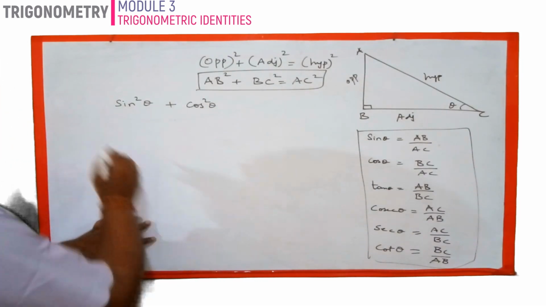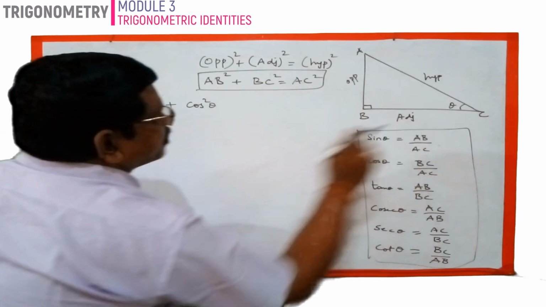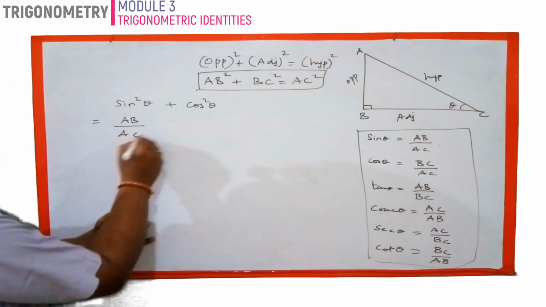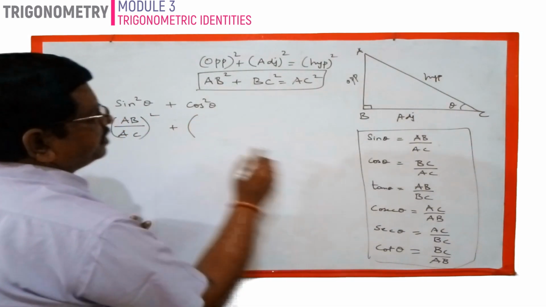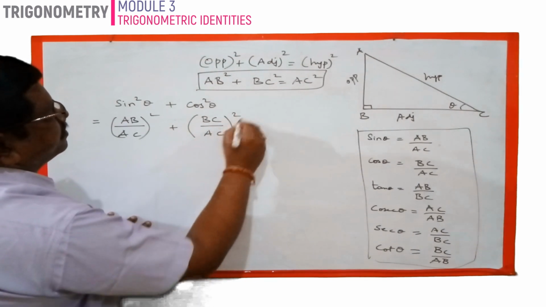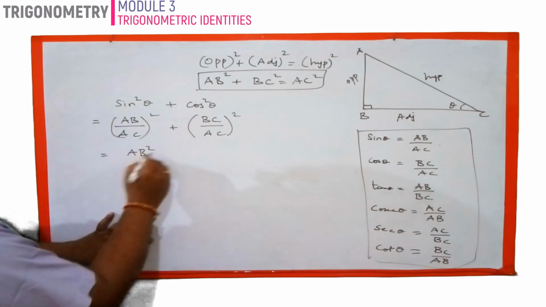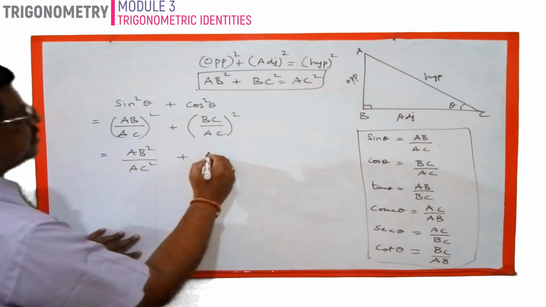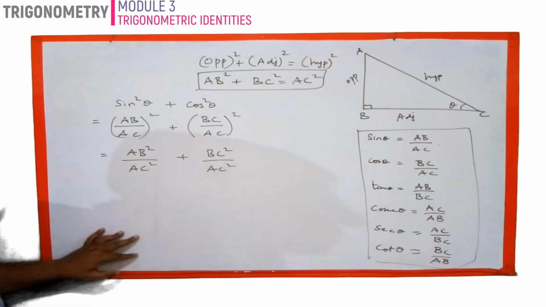Let us check it. Here sin square theta is nothing but AB by AC whole square. So AB by AC whole square plus cos theta is nothing but BC by AC, so BC by AC whole square. Now here we get AB square by AC square plus BC square by AC square.